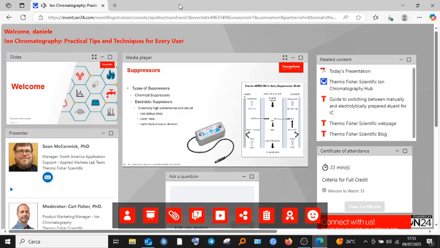The hydronium ion enters through the membrane into the flow path where it interacts with the hydroxide, creating water. In order to maintain charge balance, the sodium transitions across the membrane into the waste stream towards the cathode. This leaves us with water and our analytes flowing towards the detector.